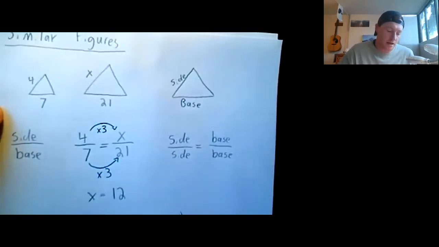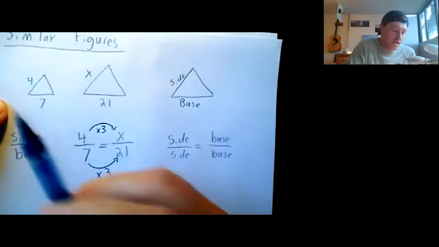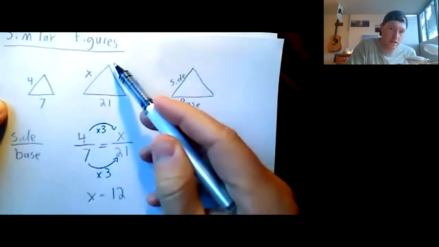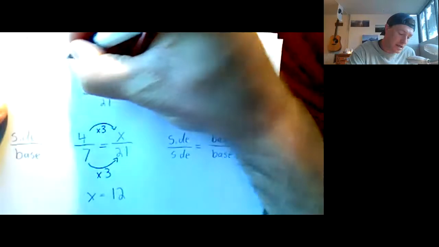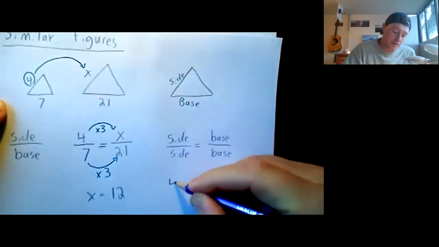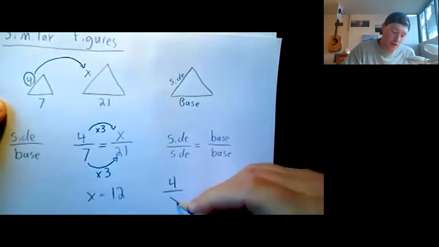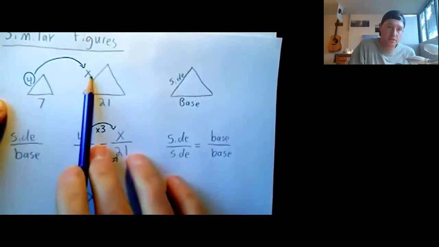So what am I talking about here? Well, the sides, I know that I've got a side here and here. So I'm going to compare this side to that side. That's going to be my ratio. So I'm going to set that up as 4 over x, side to side.